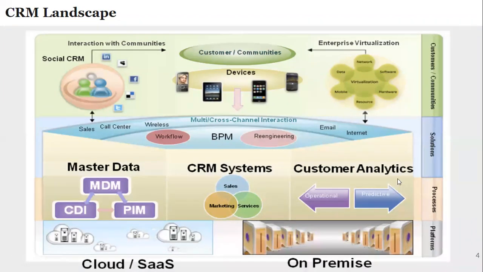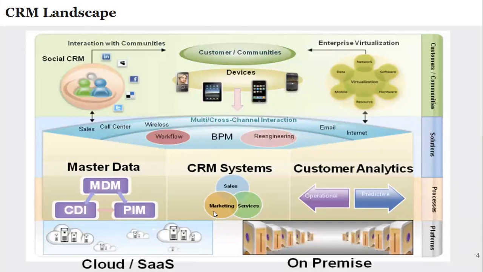This analytics is for CEOs or any leadership people, like dashboards and reports. And CRM is generating data, generating new customers, generating products like this. And master data is nothing but a database. And BPM is how we connect to the customers. So cloud, SaaS, on-premise. Now we don't have on-premise. We can ignore this one, but everything is in cloud SaaS.